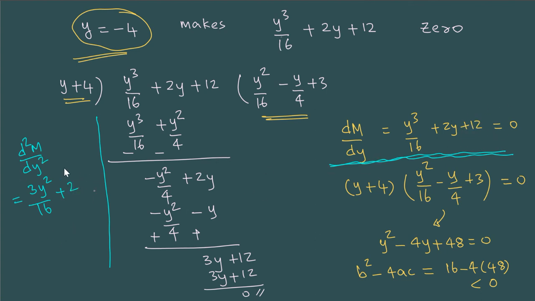Now clearly, I don't have to substitute. If I substitute minus 4, this is clearly greater than 0. So that means this point y equal to minus 4 corresponds to a minimum value of m. Because it corresponds to a minimum value of m, we can use this to get the value of x, and hence the coordinates of point P.